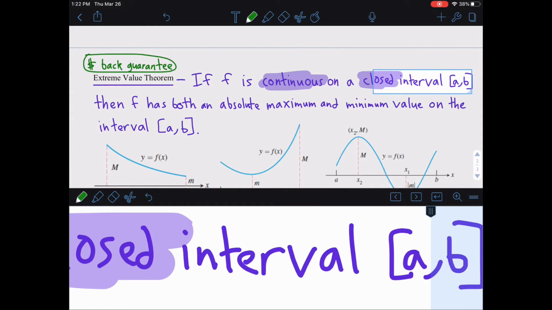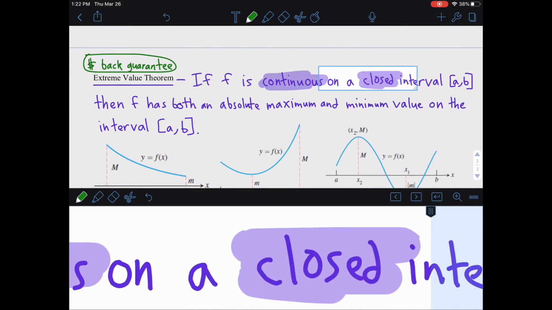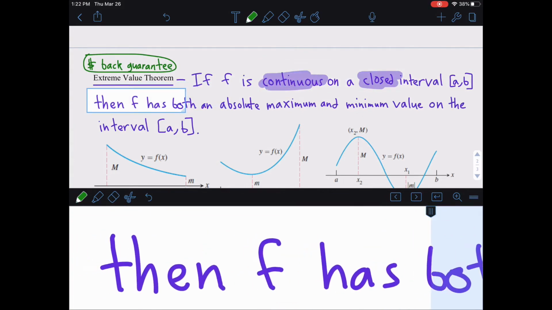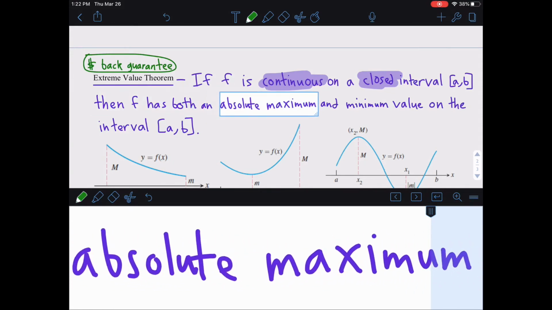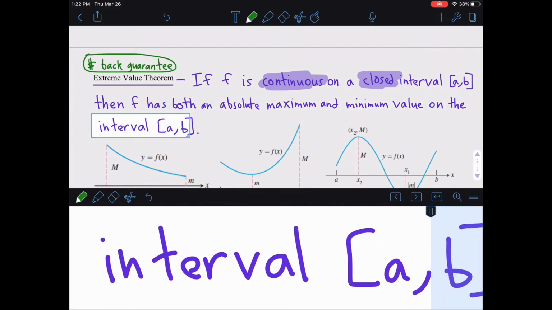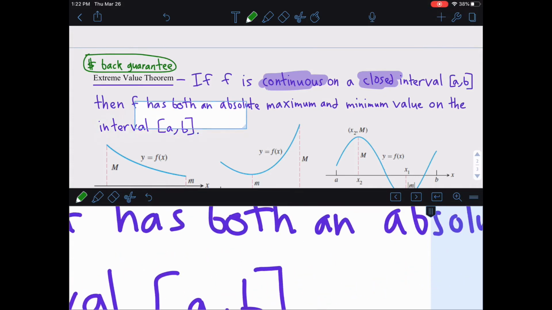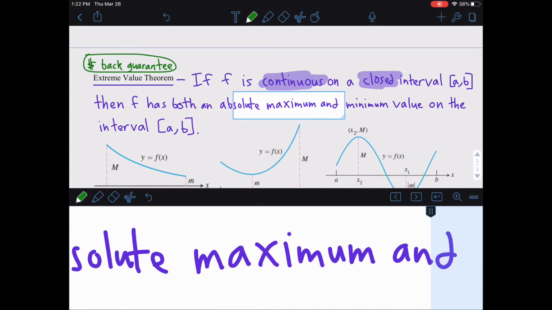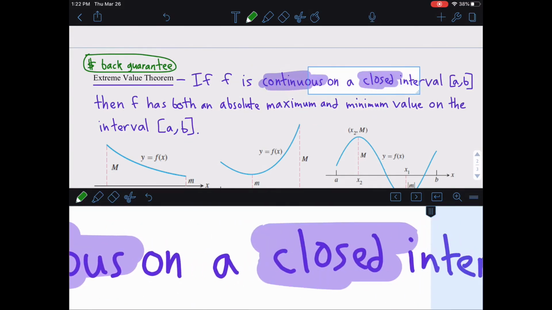If your function f is continuous on a closed interval, so if you meet both of those conditions, here is the guarantee: f has both an absolute max and absolute minimum value over that interval. Again, this theorem is not saying that in order to have an absolute max and a min, you must have a continuous function on a closed interval.